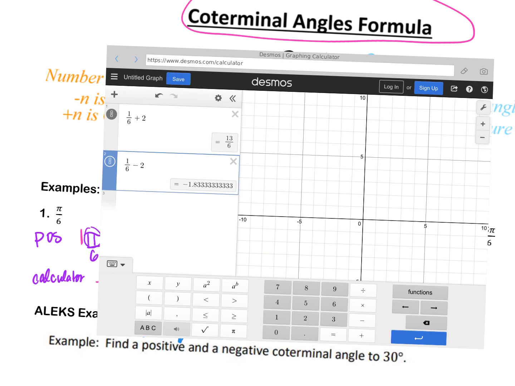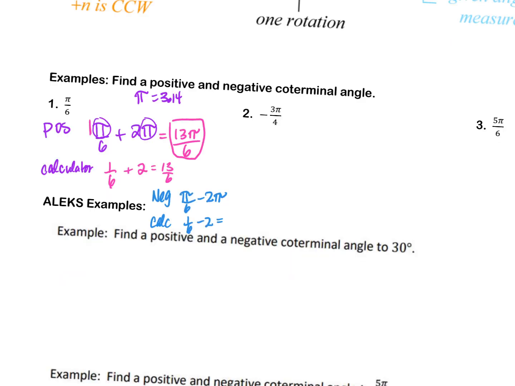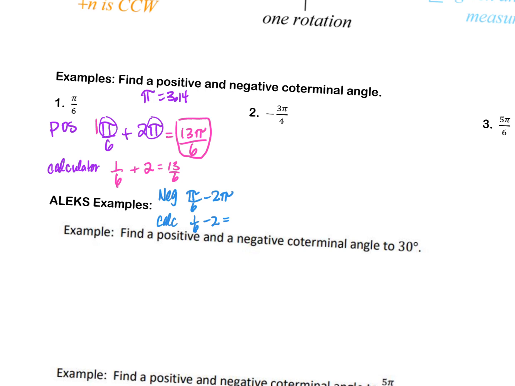So we're going to press the fraction bar right here, and we get negative 11 over 6. But we got to put the pi back in. So it's negative 11 pi over 6. So that is going to be your negative coterminal angle.